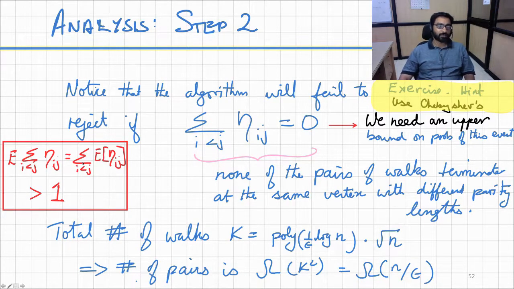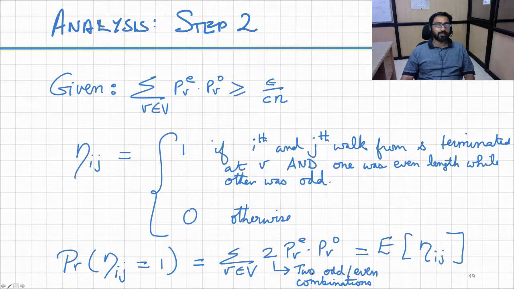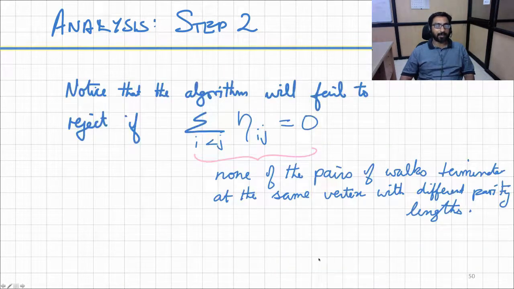By linearity of expectation, that's nothing but the summation over all i less than j of the expectation of eta ij. And the expectation of eta ij, if you recall, is this quantity 2 pve times pvo summed over all vertices. Remember that we're now assuming that this is large, so at least some epsilon over Cn.